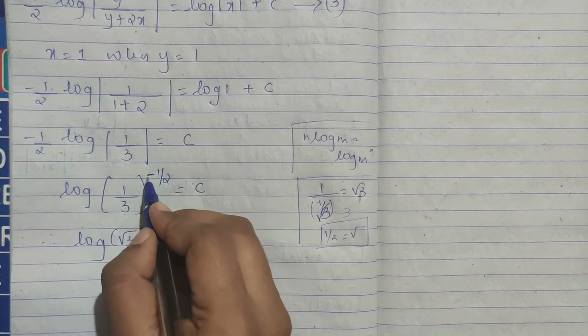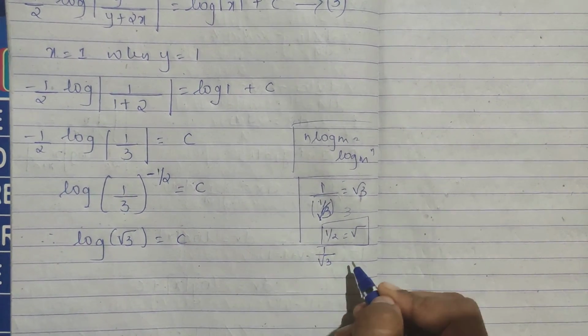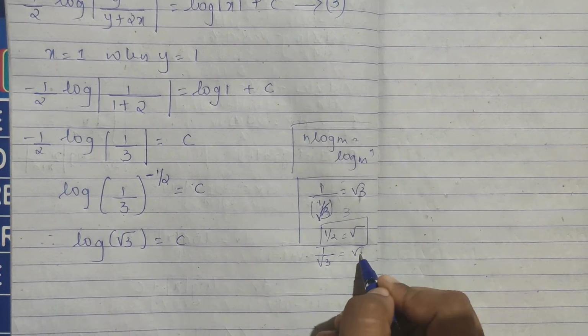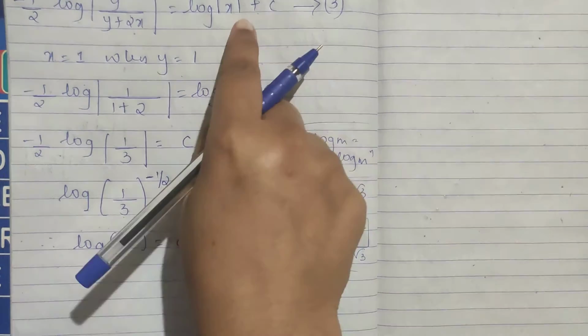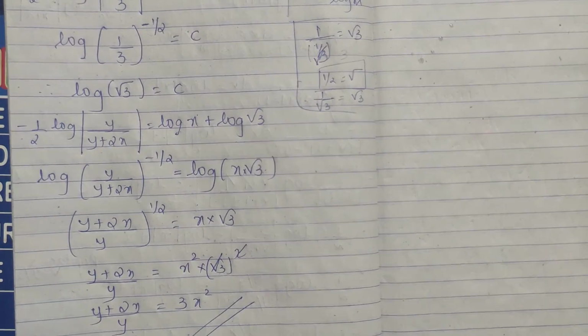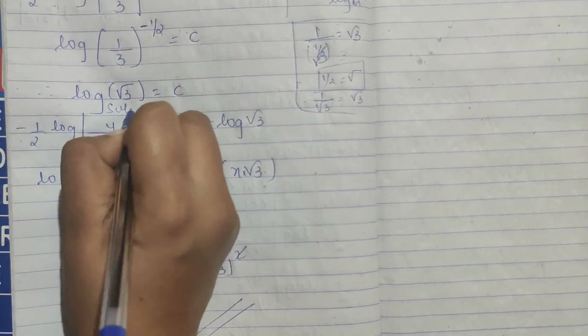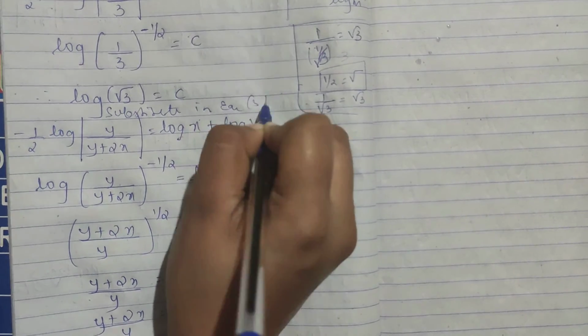If it was plus, then I would have got 1 by root 3, but it is minus, so it becomes root 3, okay. So directly root 3, so you have got the c value, substitute in your equation 3, then that's it.